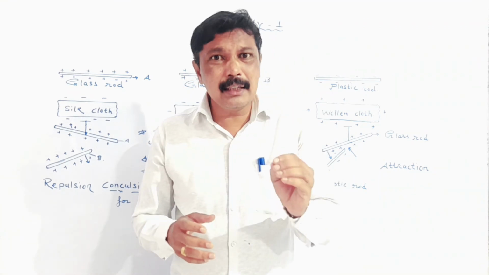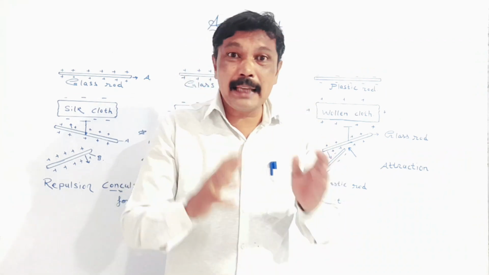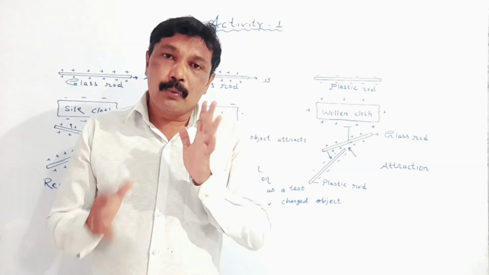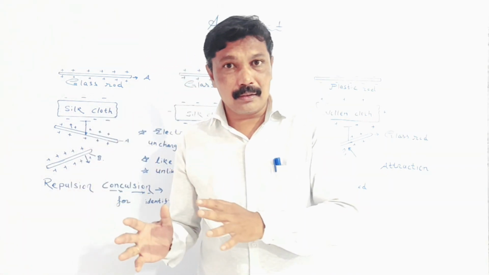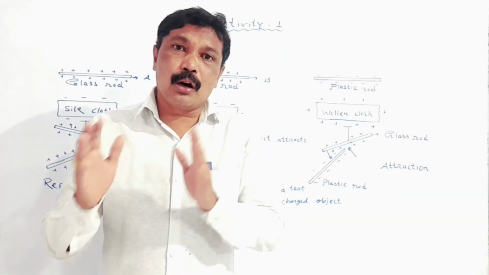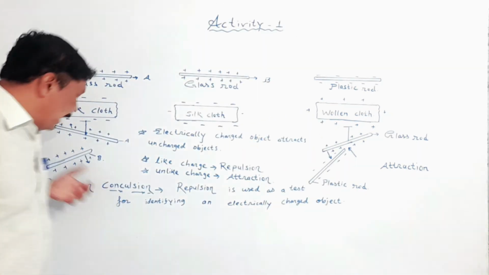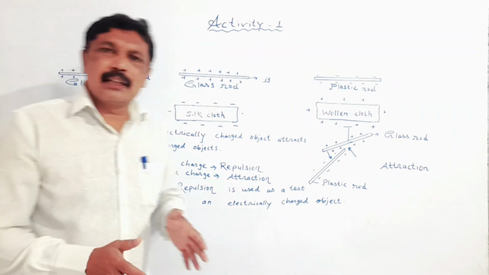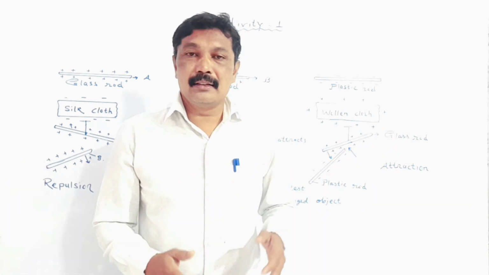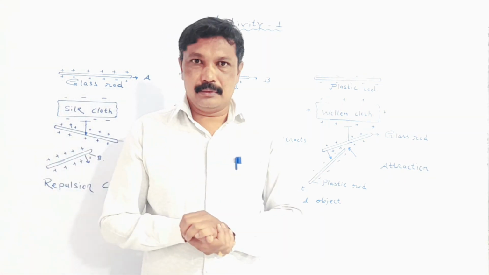Because attraction takes place between charged and uncharged objects also. So attraction cannot be considered a confirmed test to find out whether the object is charged or not. But repulsion is a confirmed test, because when like charges are brought close to each other, they repel. Unlike charges attract. A charged body can attract an uncharged body also. Thank you very much.